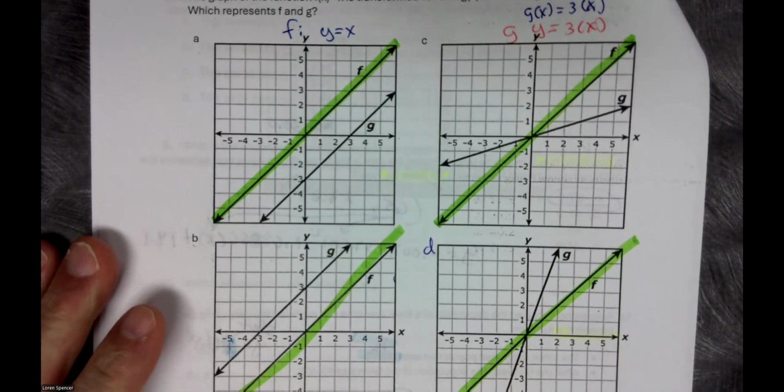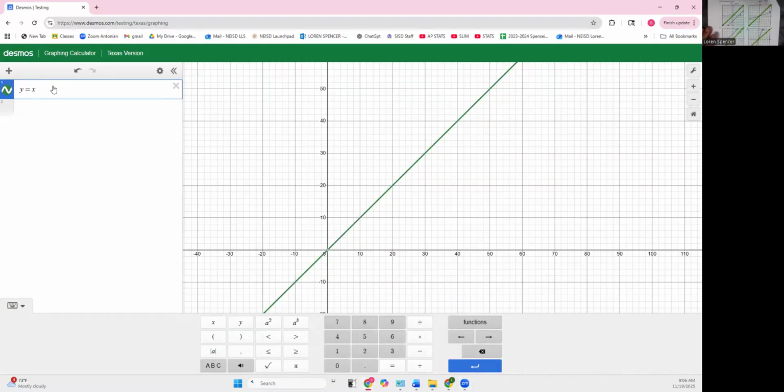So I'm going to go back over to Desmos, and we already had the y equals x, and we're going to add the next one. And the next one is y equals 3x. Oh, and this gives me a purple line. I don't have purple, so I'm going to shade it in pink. But in this case, it's steeper.